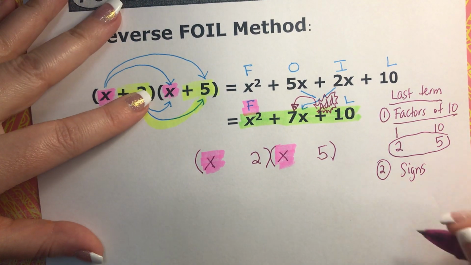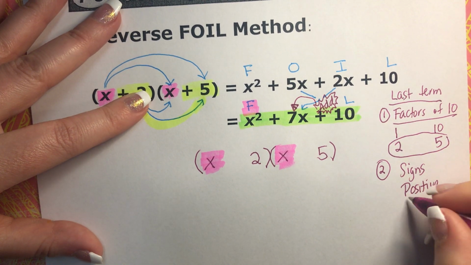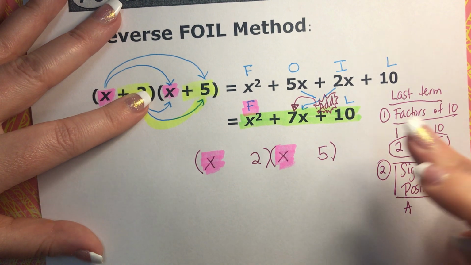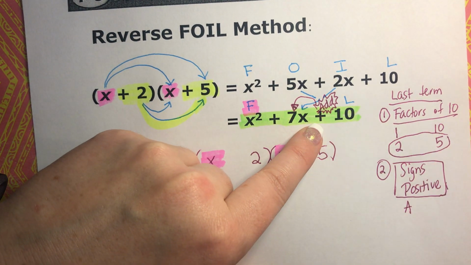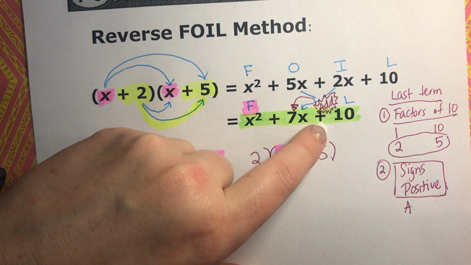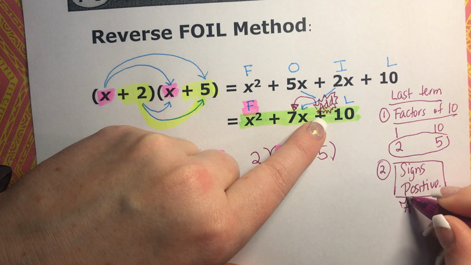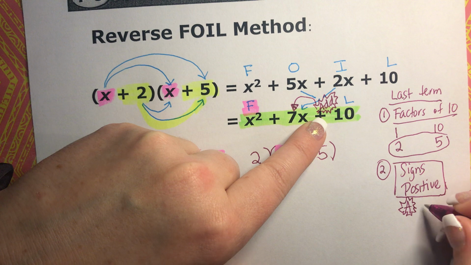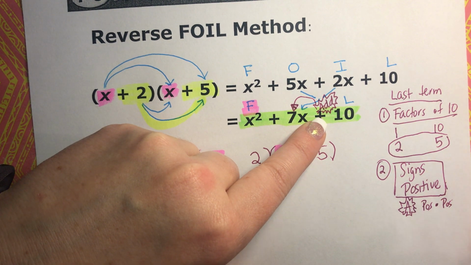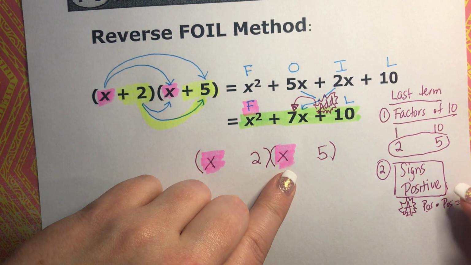So this is a positive sign. What are the only two options for getting a positive number when you multiply? The first option, I'm going to call it option A, would be to multiply a positive times a positive, because that gives you a positive number, which is what we need.